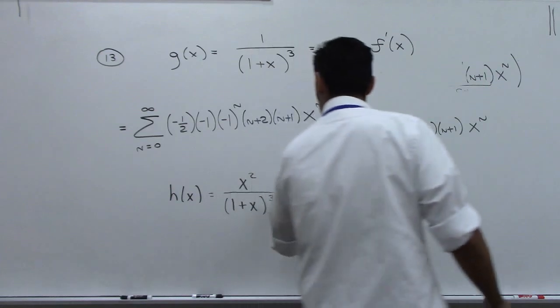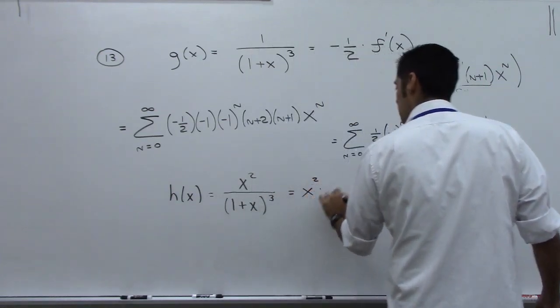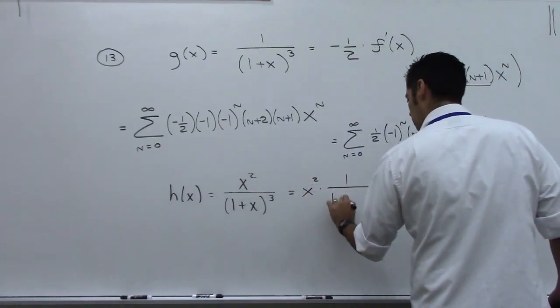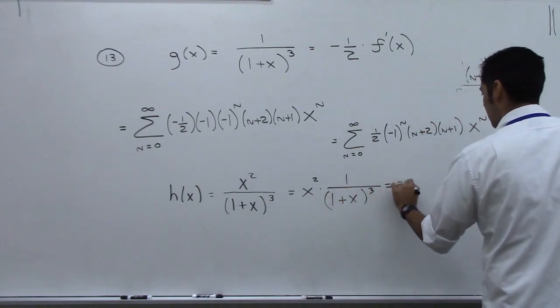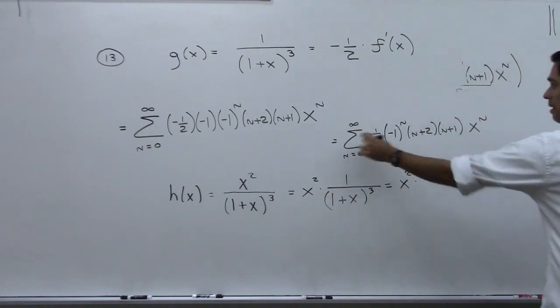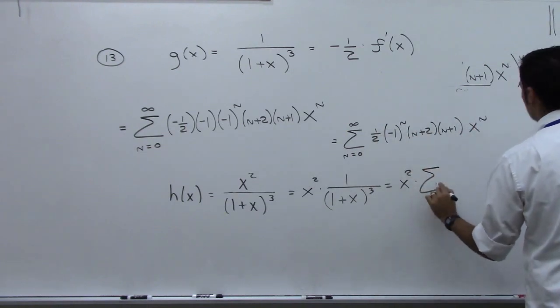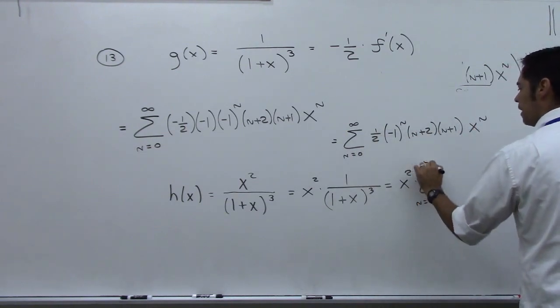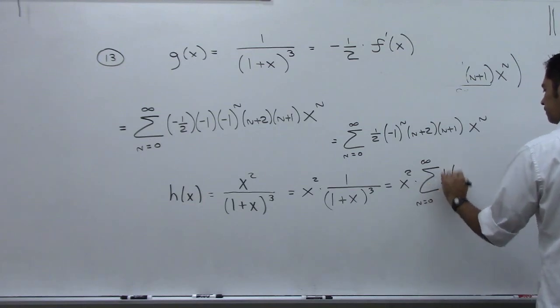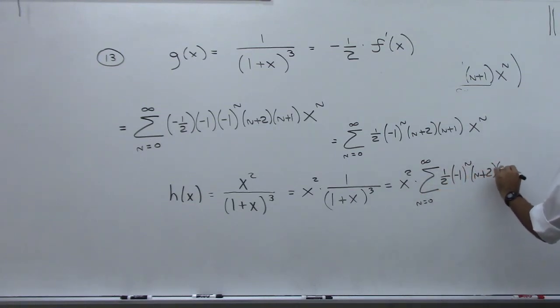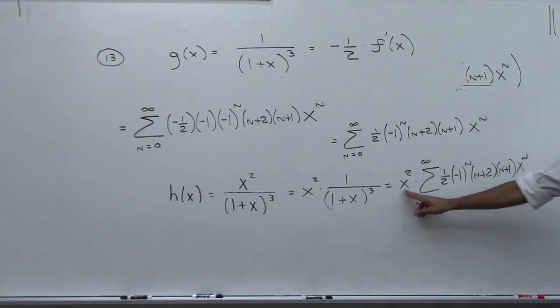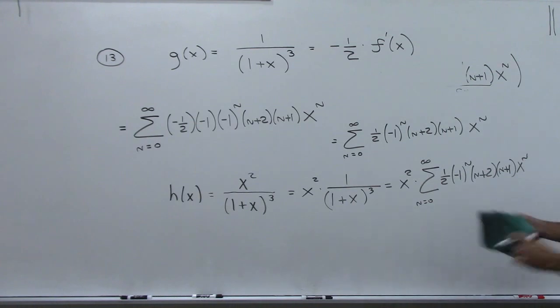Well, this is just the same as x squared times 1 over 1 plus x, that quantity cubed. But that's just x squared times this, sum n equals 0 to infinity, 1/2, negative 1 to the n, n plus 2, n plus 1, x to the n. So what I'll do is I'll put the x inside here next to this one.